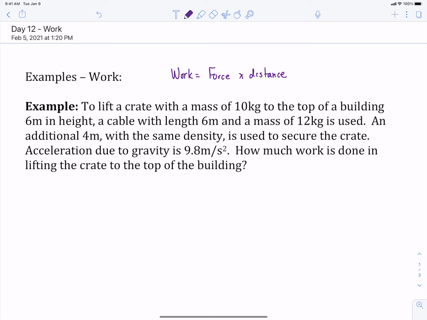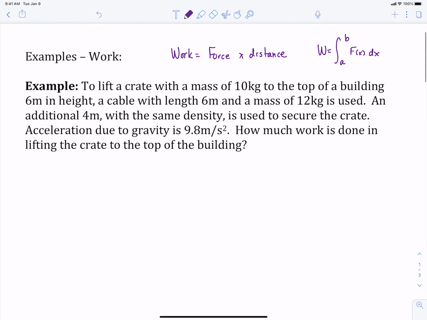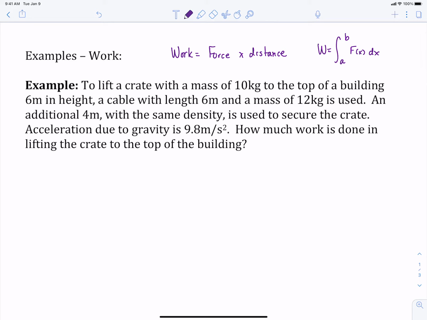And in particular, if that force equation is variable, it's going to be the integral from a to b, so where we start our work to where we end our work, of that force equation dx. And dx is that distance because we chop up the length that we're going and we get delta x, so that turns into dx. So let's take apart this question that we've got here now that we have those quick reminders.